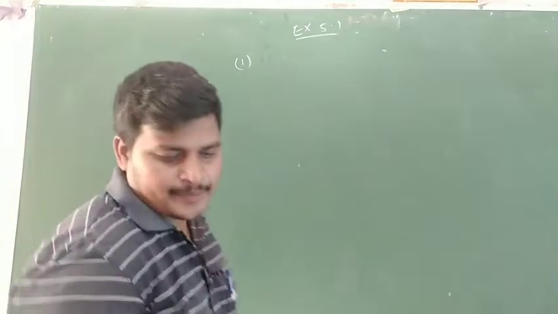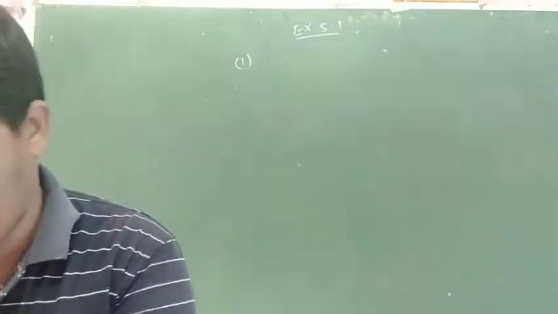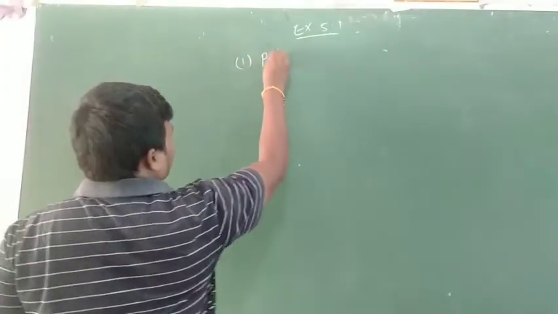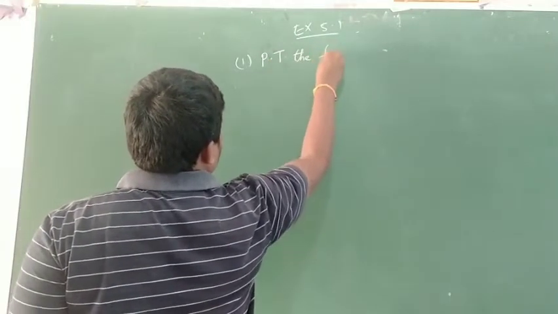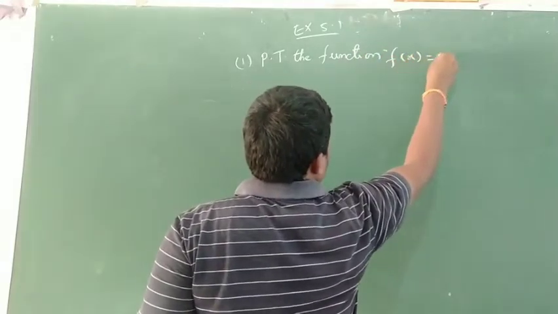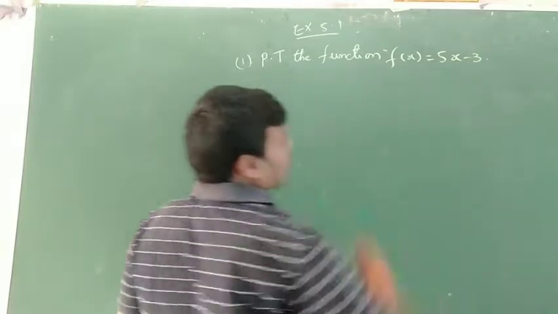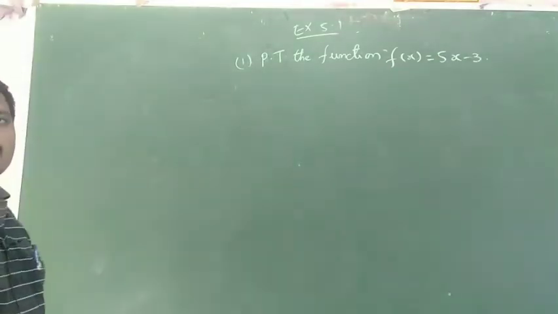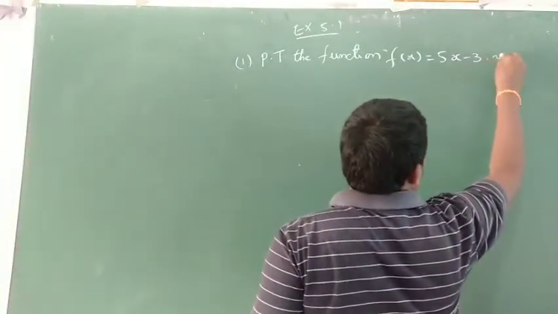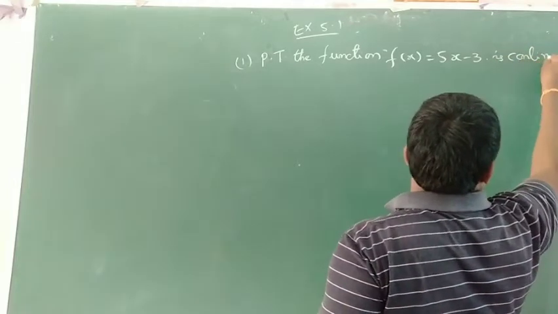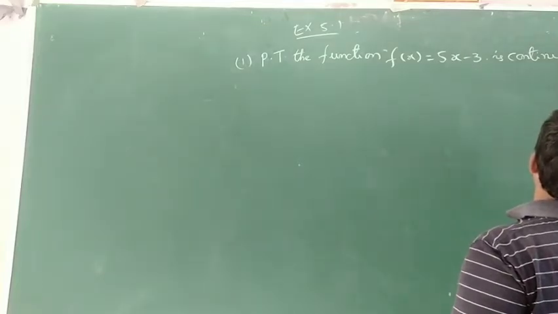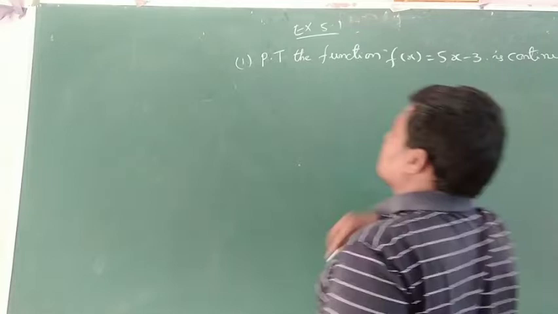Prove that the function f of x is equal to 5x minus 3 is continuous at x is equal to 0, x is equal to minus 3, x is equal to 5.